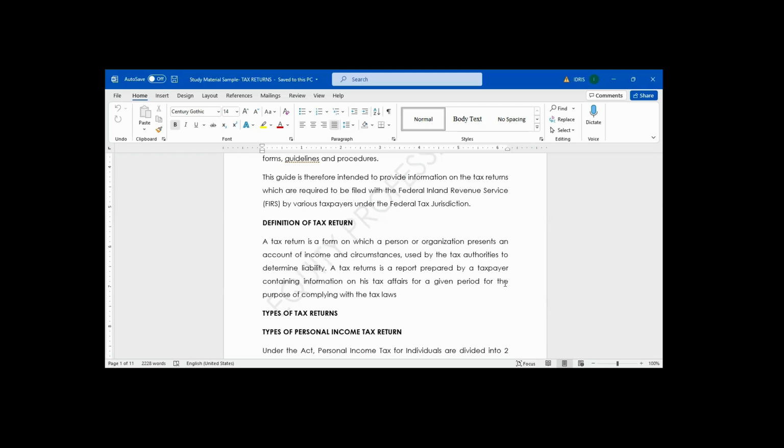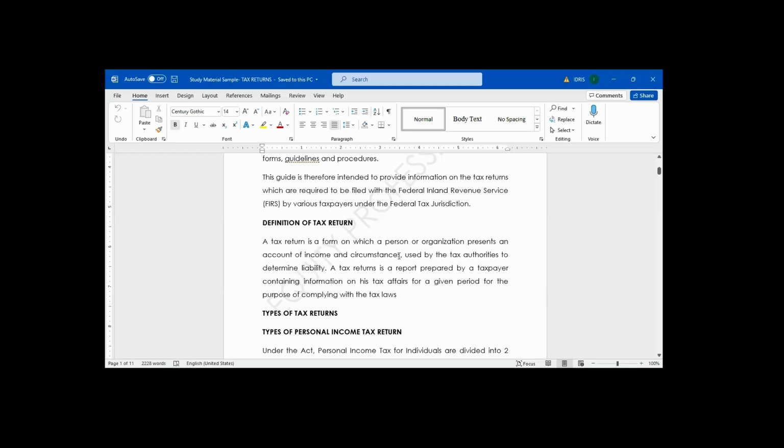One of the means by which we can say a taxpayer complies with tax law is by filing tax return. Filing tax return means the taxpayer has complied with the tax law.